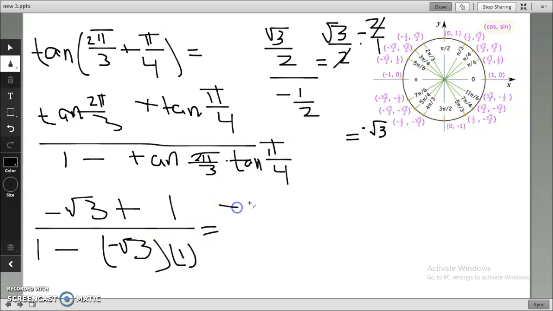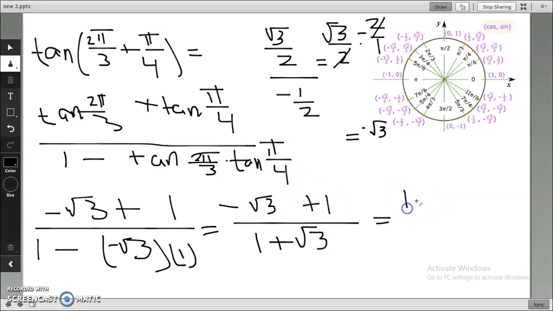So I get negative root 3 plus 1 over, I have a negative times a negative, that's going to give me a positive, so I get 1 plus root 3. So I can leave it like that, or I can make it where my 1's are both in the front, so I have 1 minus root 3 over 1 plus root 3.